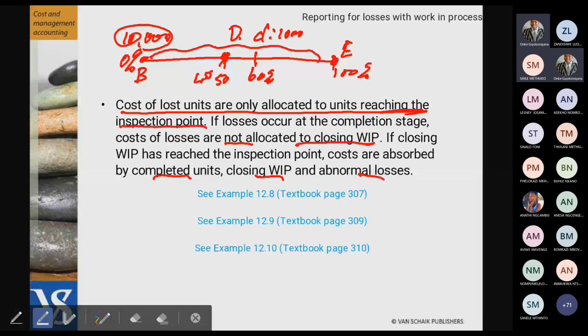If you are using the third edition, this exercise is on page 319. It's 12.7 on page 319.